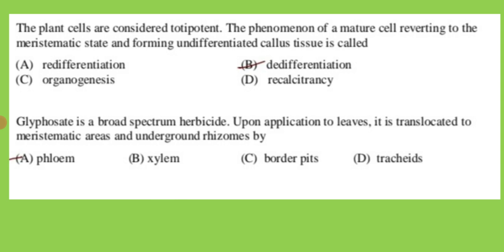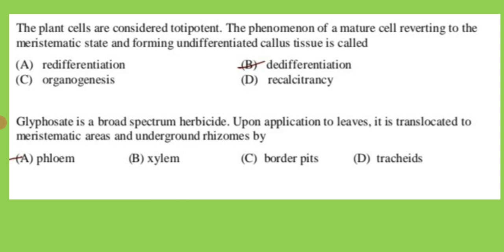We know that differentiation is a process in which cells and tissue gain several characteristics to perform a specific function. Once a cell is differentiated, it becomes committed to a particular fate and starts its function.